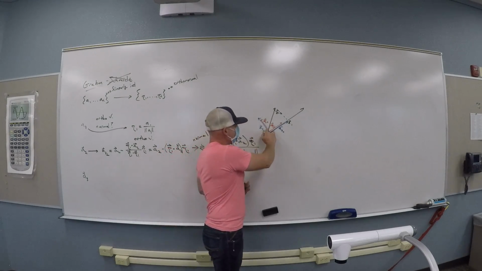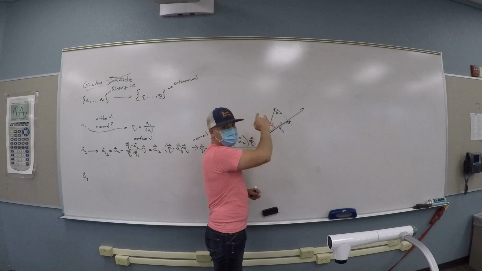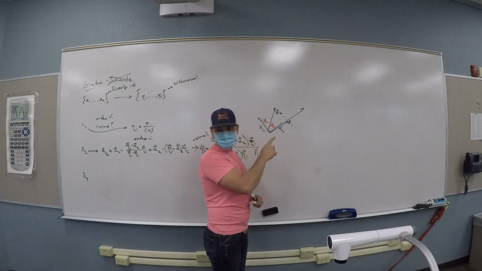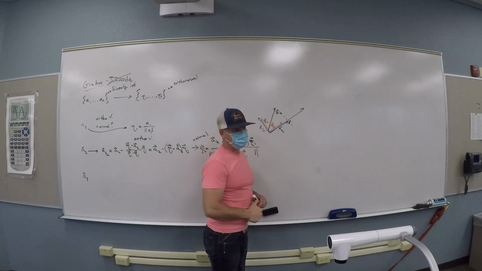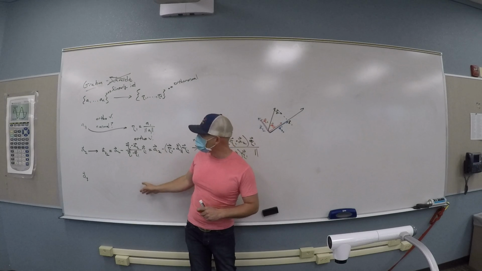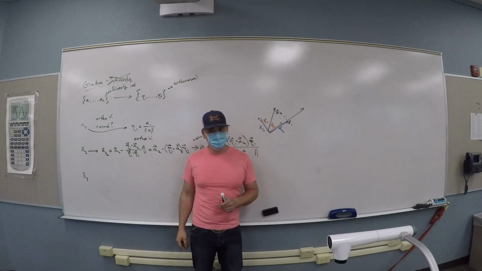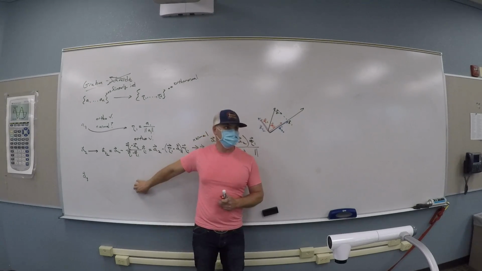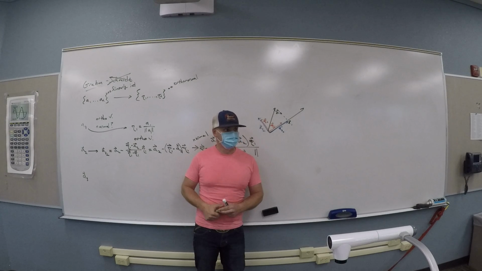Because I know that Q1 and Q2 are perpendicular, I can subtract each of the projections. That's the projection thing we just did a second ago. I can just project on each piece and keep subtracting.